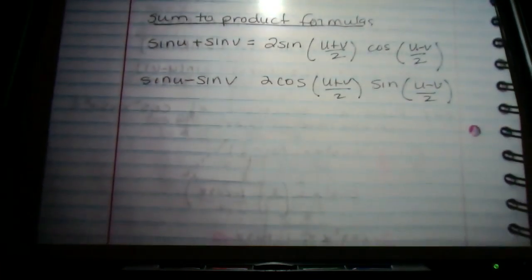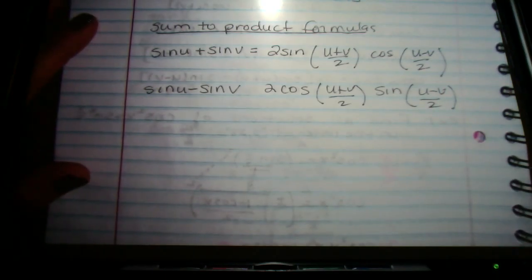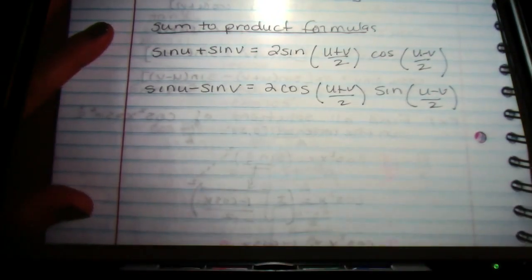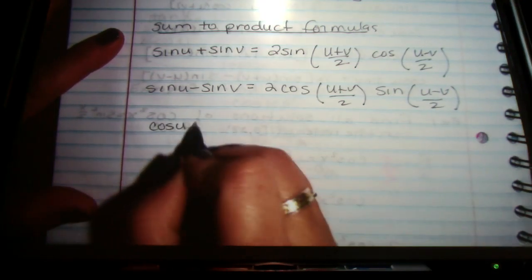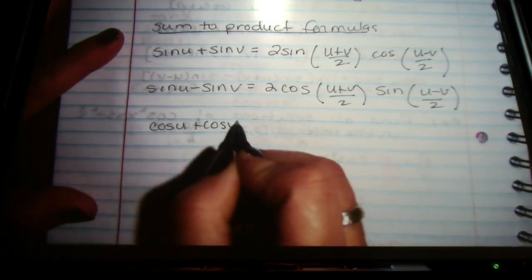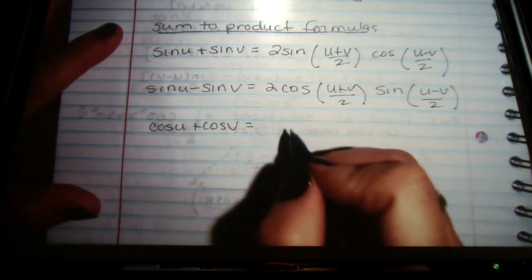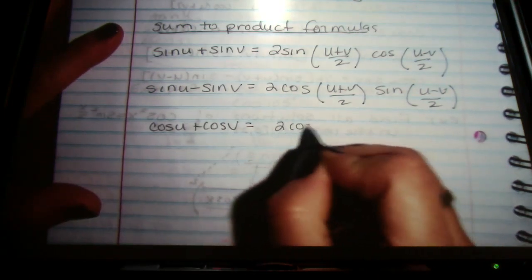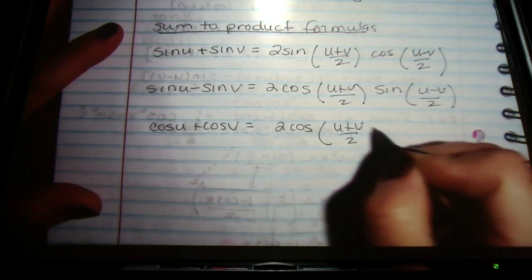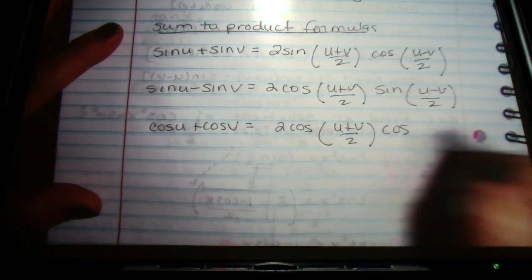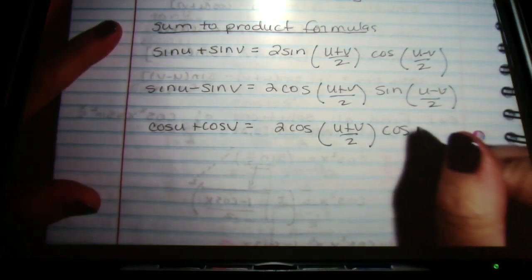Isn't that supposed to be an equal sign in between? Yes, thank you. Then the sum of the cosines is 2 cosine of u plus v divided by 2 times cosine of u minus v divided by 2.